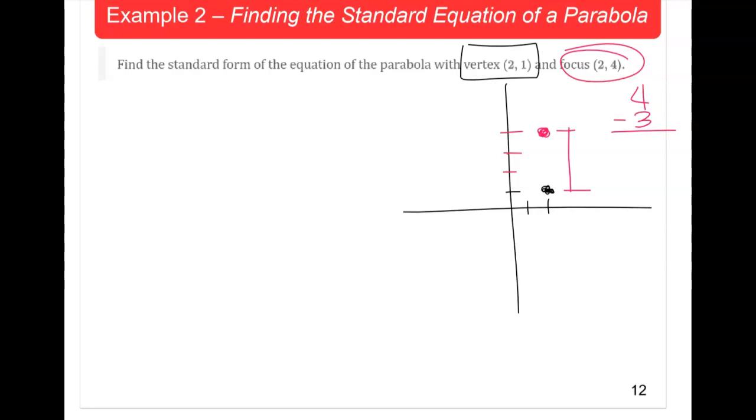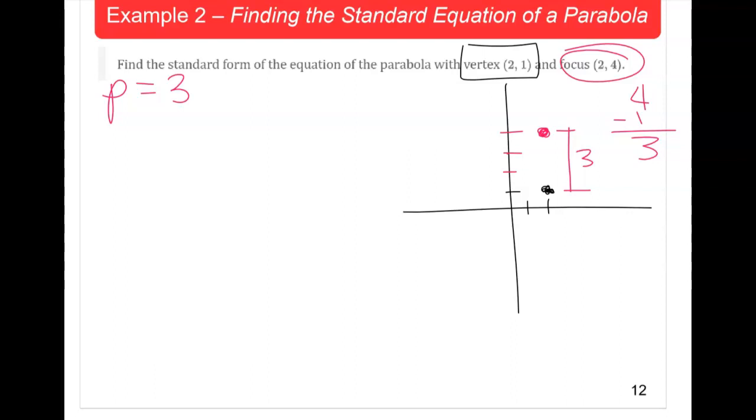The focus is right above the vertex, so they have the same x, so you have to subtract the y. I should be subtracting 4 minus 1, so that will give me a distance of 3 units. So based on that, we know that the value for p is going to be 3.